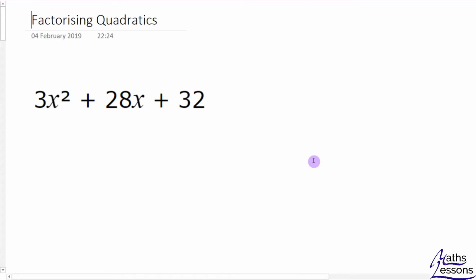So on to our last type of question. We're just going to factorise some quadratics today to work on our skills on this. This is a tricky one. I'll give you 2 minutes to have a go at it.